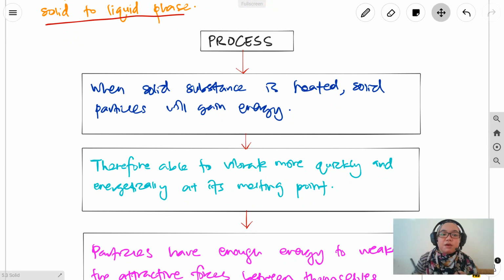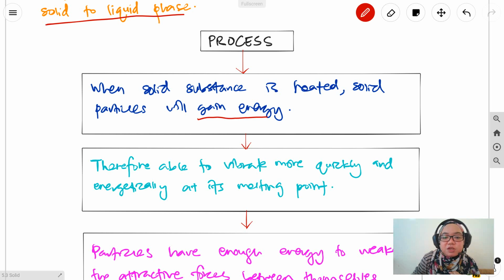So, usually when a solid substance is heated, for example, ice, we take the ice out from the freezer and then put it inside the room temperature. Its temperature increases, right? So, when the solid is heated or put inside a high temperature, solid particles will gain energy.